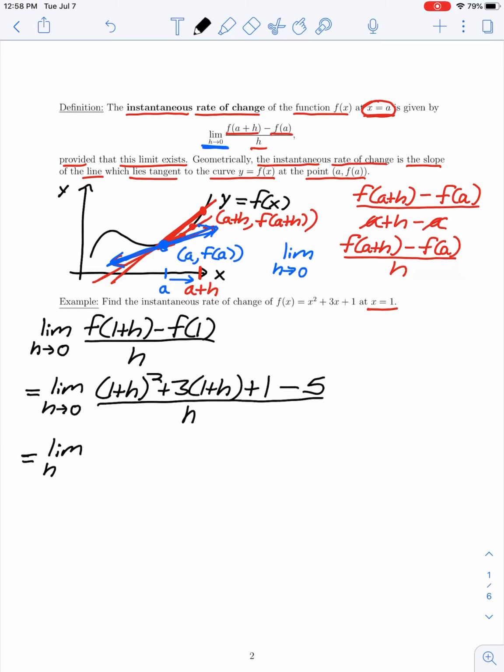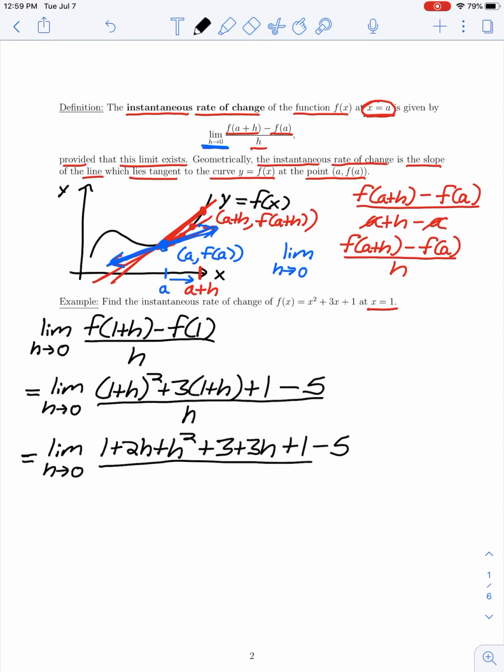We have the limit as h approaches 0 of, in the numerator, if I expand my 1 plus h quantity squared, I have 1 plus 2h plus h squared, plus, if I distribute the 3 through the 1 plus h, I have 3 plus 3h, and then my plus 1 minus 5.